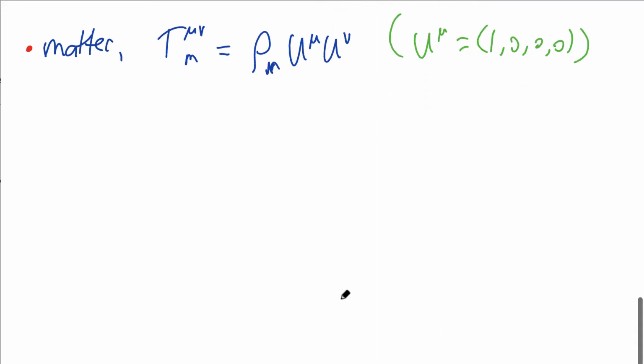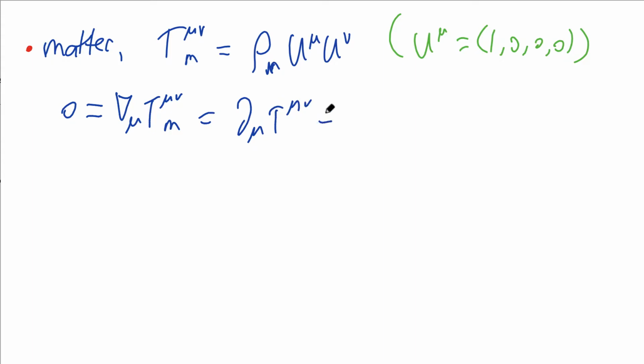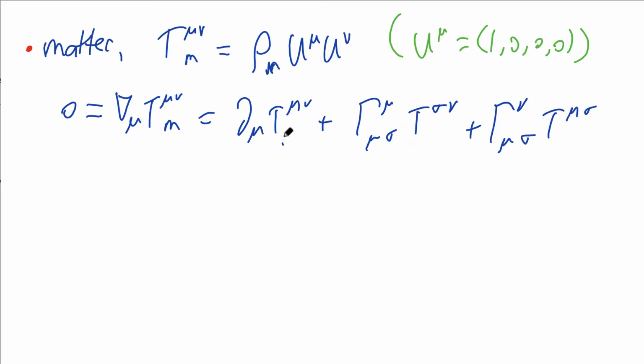And now del mu T mu nu equals 0. And this is partial mu T mu nu plus gamma mu mu sigma T sigma nu plus gamma nu mu sigma T mu sigma. And of course this is for the matter component.